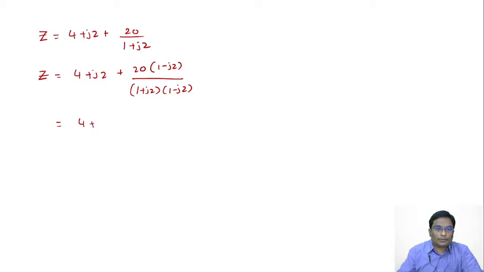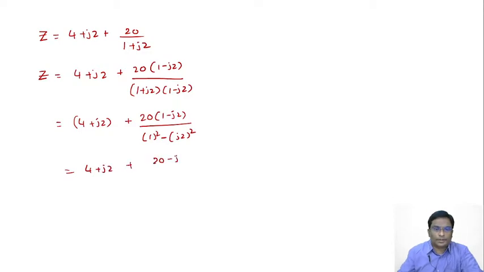Therefore, this is 4 plus j2 plus 20 into 1 minus j2 divided by, this is a plus b into a minus b, so a square minus b square, 1 square minus j2 whole square. In the numerator we have 20 minus j40, divided by 1 minus 4 j square, and j square is minus 4, so 5.